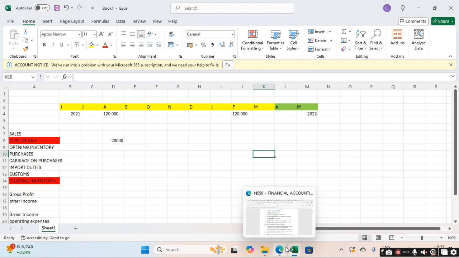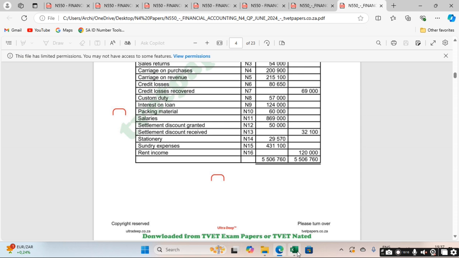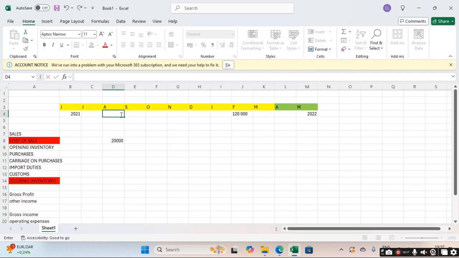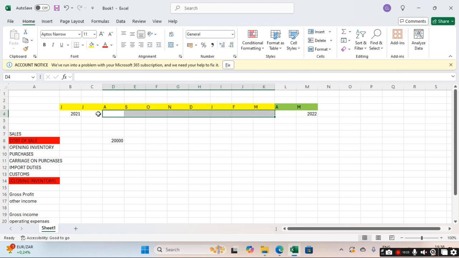Going back to our question paper, salaries here are 869,000.